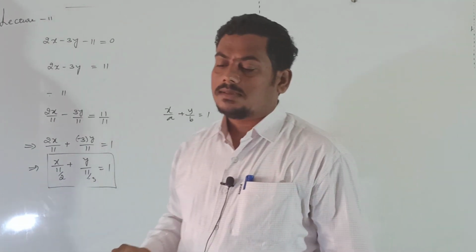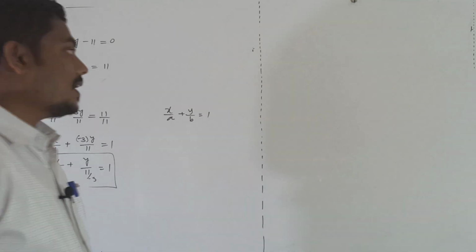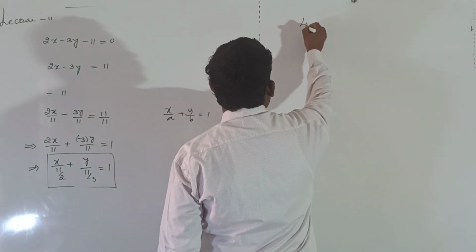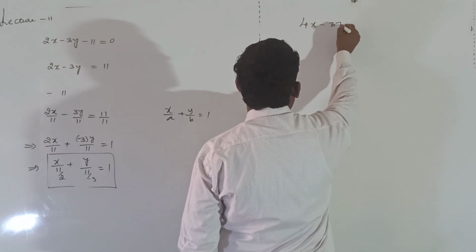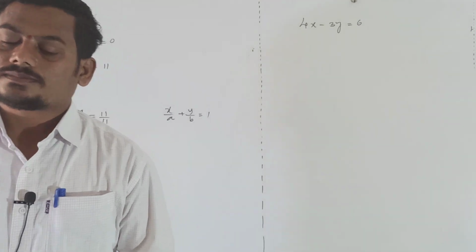Next question. Reduce the equation 4x minus 3y equal to 6 into intercept form.